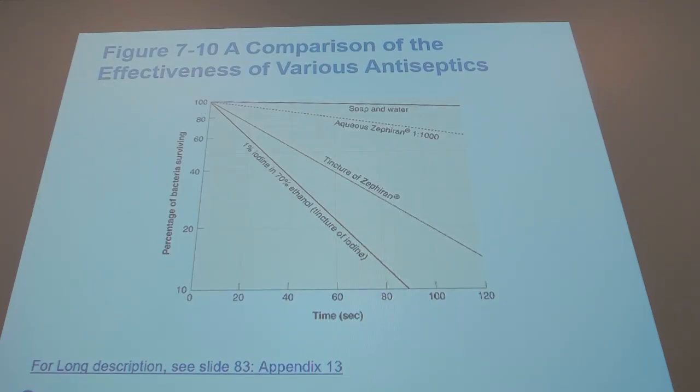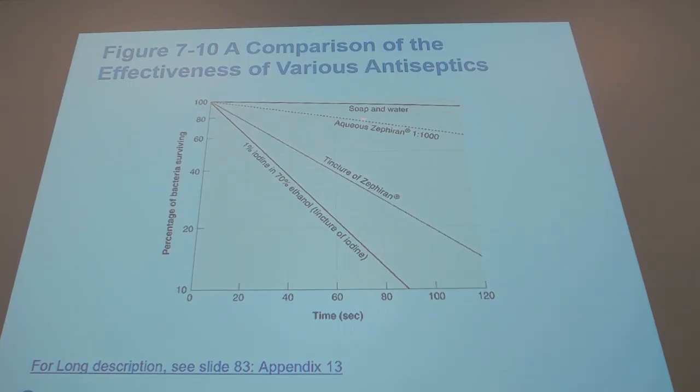So you can test the efficacy of combinations of some disinfectants or preparations. For instance, in this case, you are comparing the efficacy of exposure of these bacteria to these different disinfectants, and you can measure the percentage of surviving bacteria based on seconds.